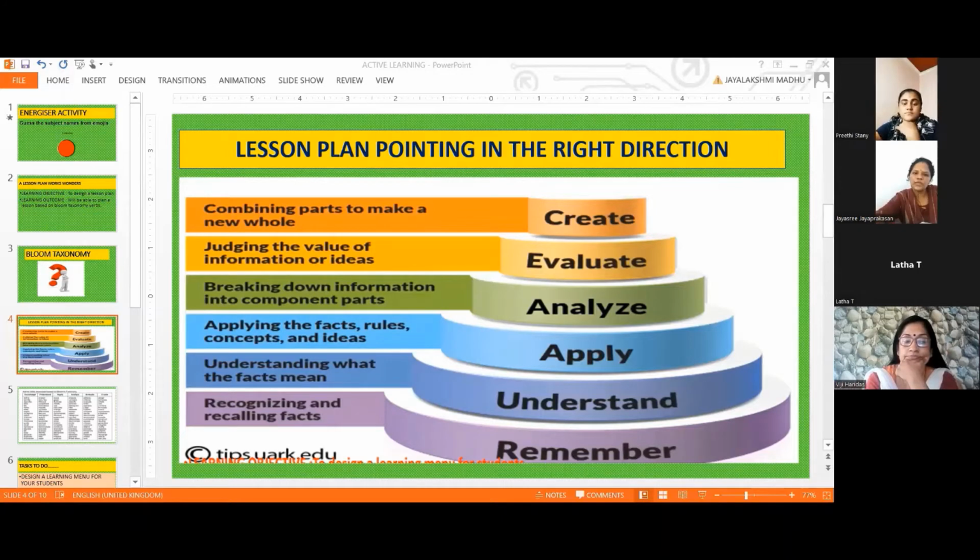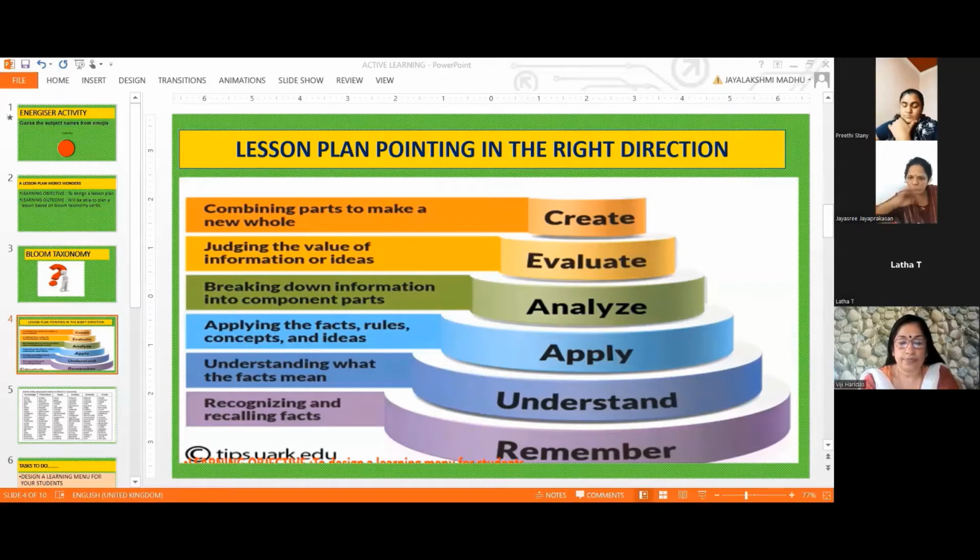Okay. So the difficulty level increases from the lowest to the most challenging at the top. The lower order thinking skills, which I told you, are remembering, understanding, and applying. If a student wants to think critically or solve very critical problems or challenging questions, the student should be well versed in the lower order skills.